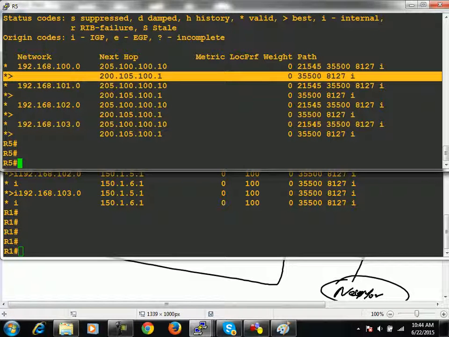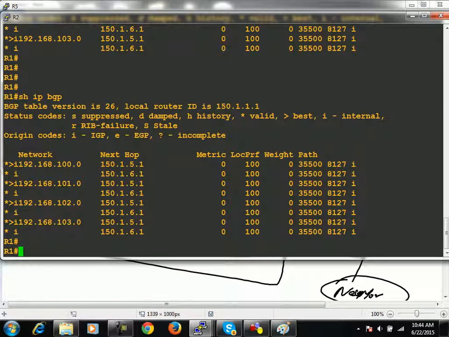In BGP, this feature is inherited from distance vector routing protocols, that it advertises only best path information to its neighbors. So only this best path information is propagated from R5 to R1.